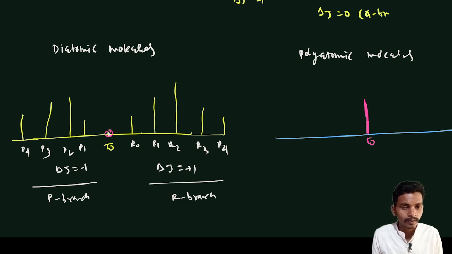After that there will be the R branch, and again the P branch.